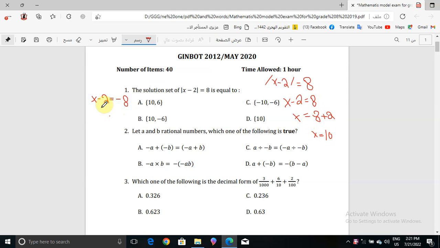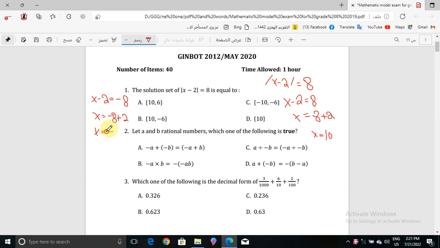Okay, now what we have here, x minus 2 is equal to negative 8. The same thing, when we shift 2 to the other side, it will be positive 2. So x is equal to negative 8 plus 2. Here the bigger number is negative, so the sign will be negative.